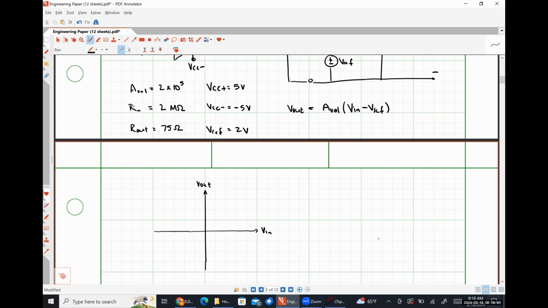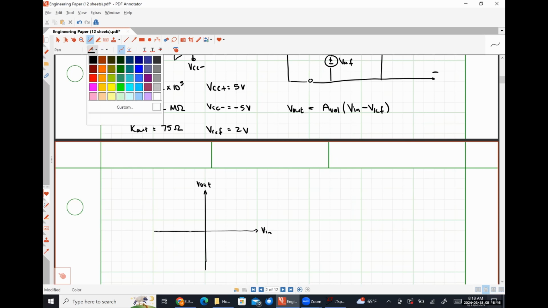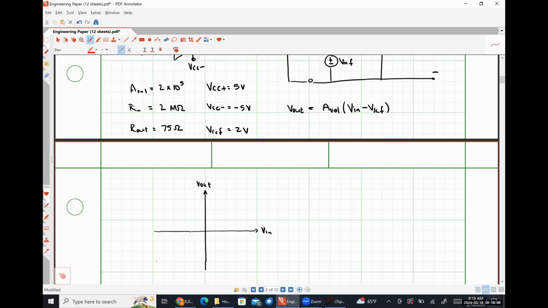Significantly so. So what should my output voltage be? Negative 5 volts. Okay. So out here, at this particular point, let's make this voltage right here be negative 5. This output voltage up here be positive 5. This guy right here will be negative 5. This guy over here will be positive 5, right? So we've got a point there.